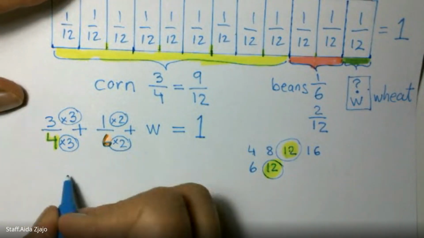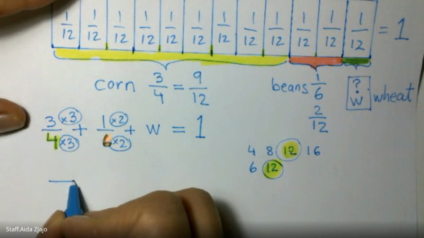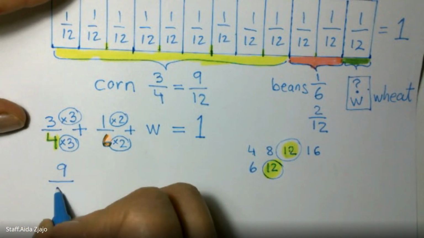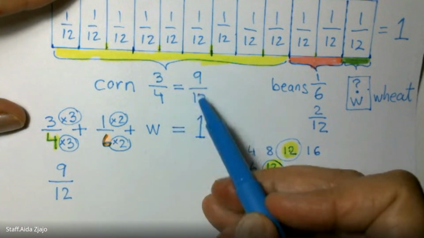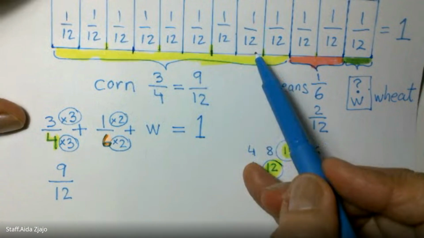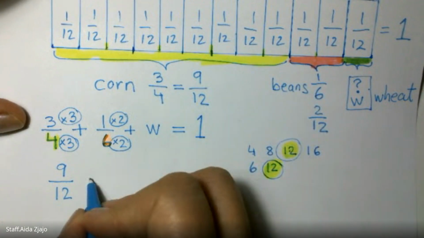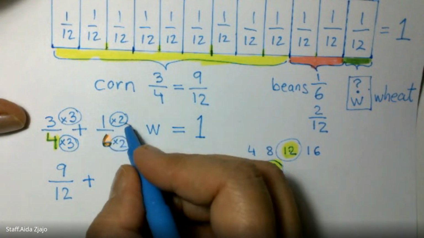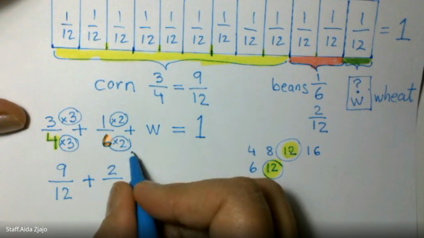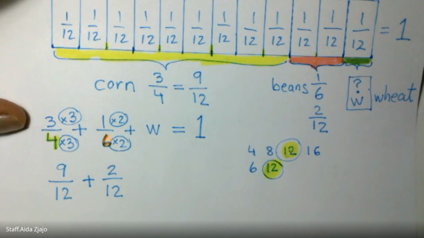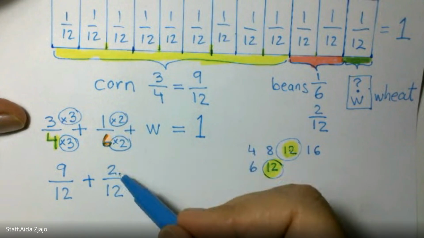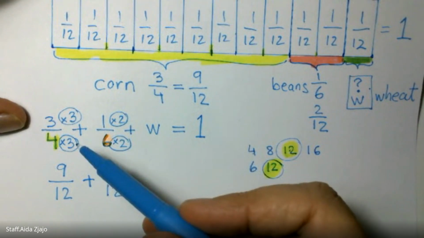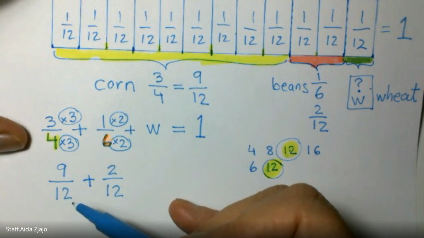So now 3/4 is going to be 9/12, which we figured out by drawing the same equivalent pieces, plus 1/6 becomes 1 times 2 is 2, 6 times 2 is 12. So 1/6 is the same as 2/12, and 3/4 is the same as 9/12.